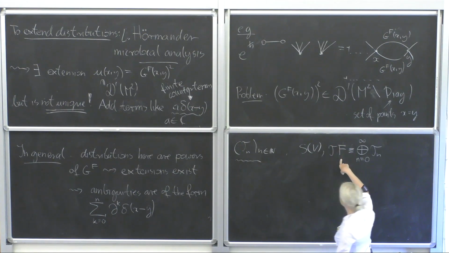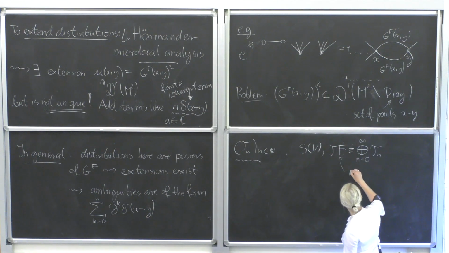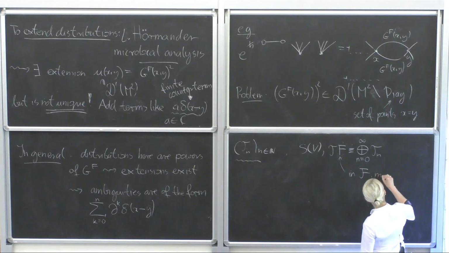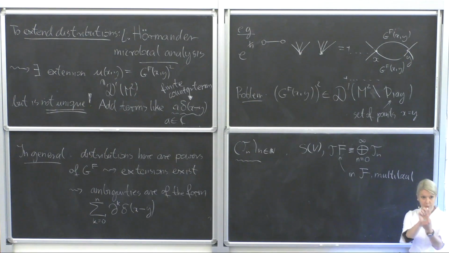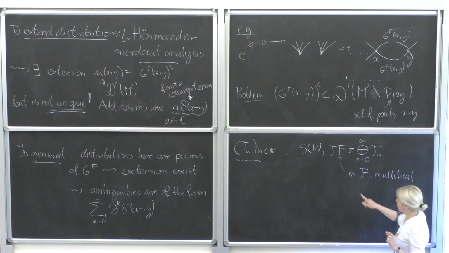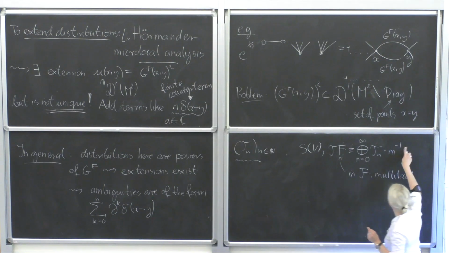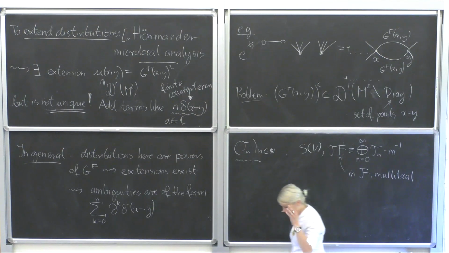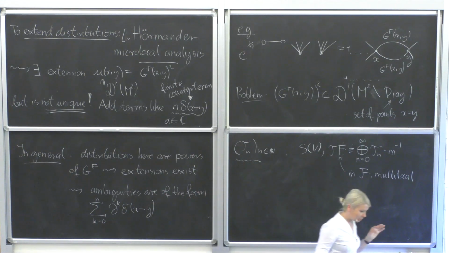So for a given f which is in the space of multilocal functionals, first I'm going to factorize it into local functionals with a map which is something, and this is the silly part, this is something like the inverse of multiplication. Okay, I'm going to use this suggestive notation.